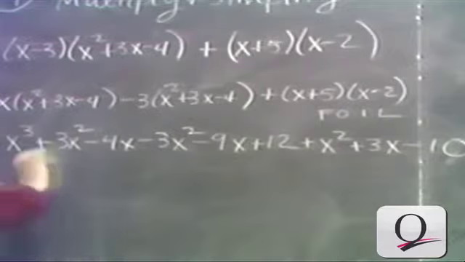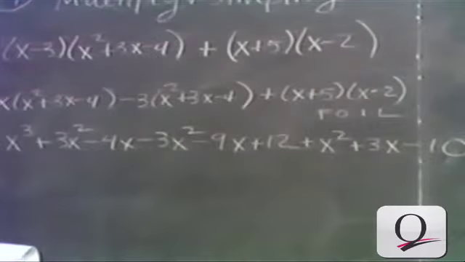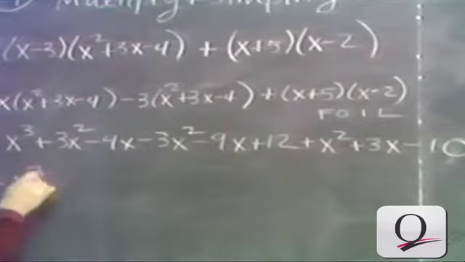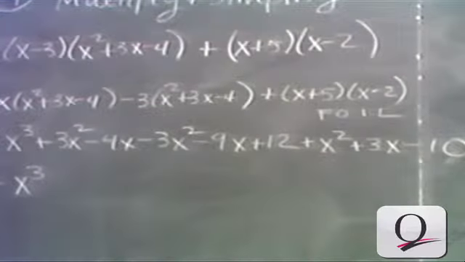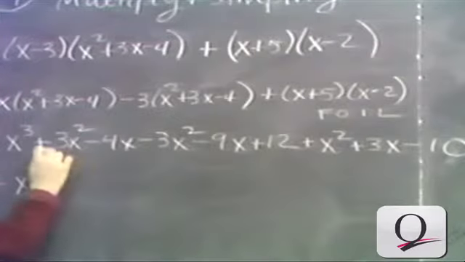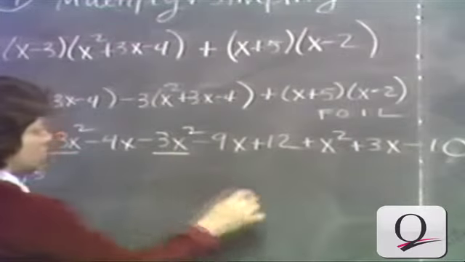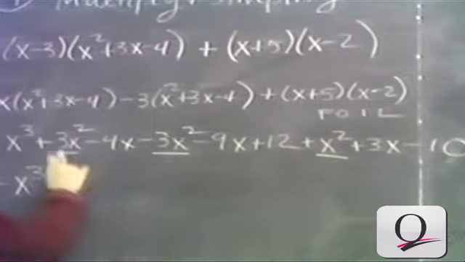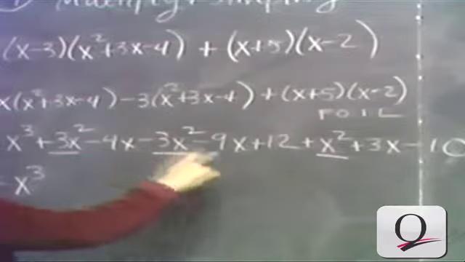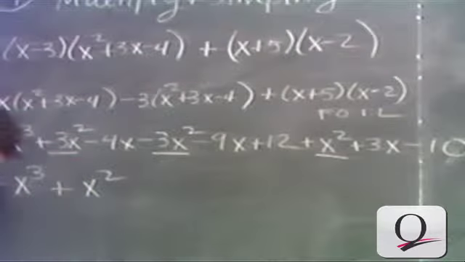Now let us see what we can do in the way of simplifying the whole thing. x cubed, well, this is the only term involving an x cubed. For x squared, we have a 3x squared, a minus 3x squared, and a plus x squared. 3x squared and minus 3x squared, that's 0x squared, plus 1x squared, giving us 1x squared.